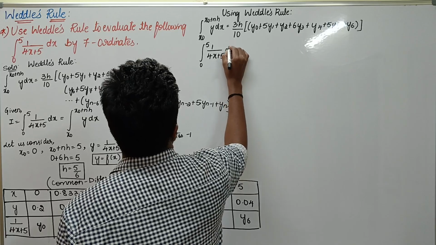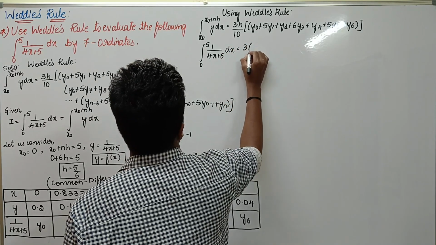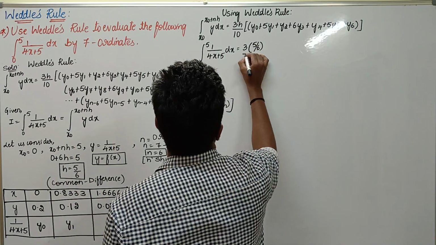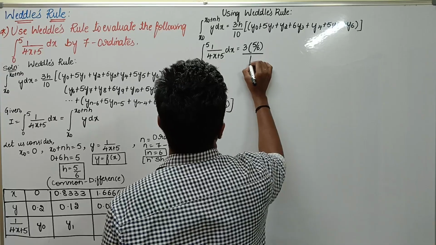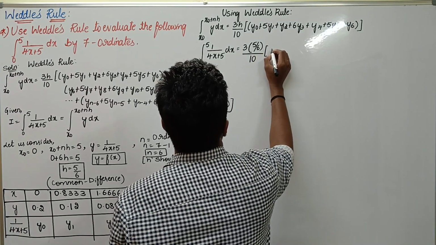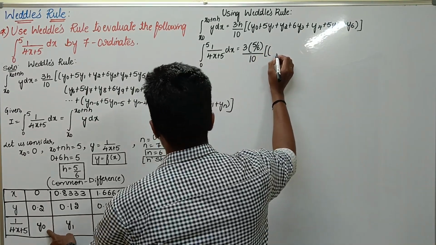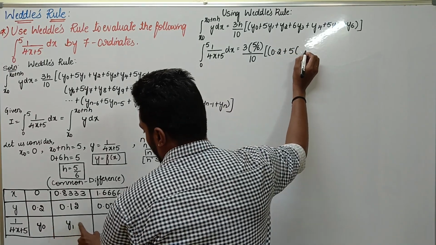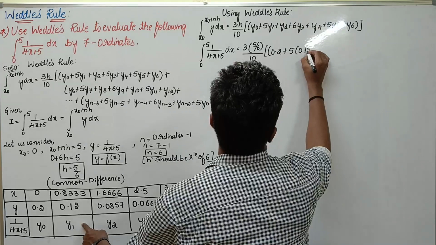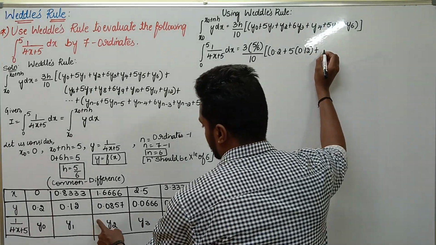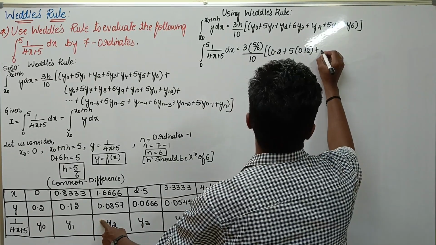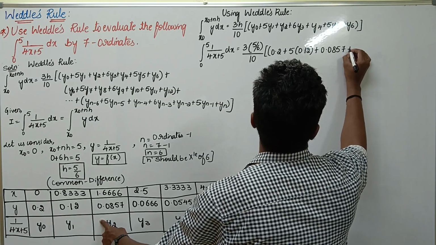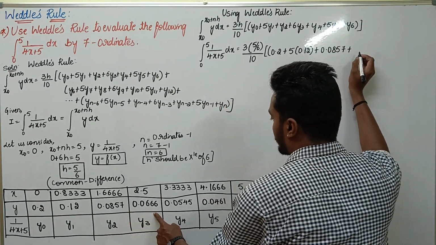After this, let us represent the terms, that is the integral from 0 to 5 of 1 by 4x plus 5 dx, which is equal to 3 into 5 by 6, divided by 10, into y naught. What is y naught? I have 0.2 plus 5 into y1, 0.12 plus y2, we have 0.0857 plus 6 into y3.